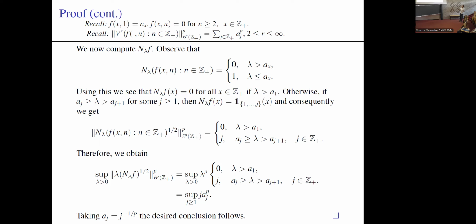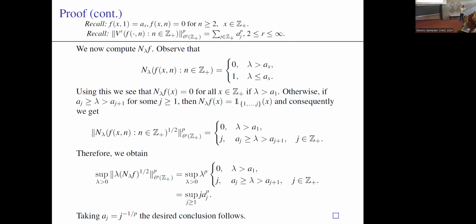And once we have it, then we can easily compute the LP norm. The square root does not matter because this function is equal to 1 or 0. We can compute that if lambda is greater than 1, then it is 0. And if lambda is between those points, then we have j coordinates on which this function is equal to 1. So we have j here.